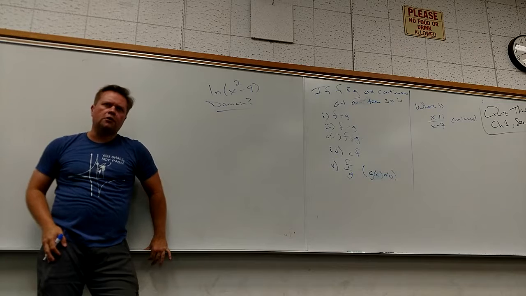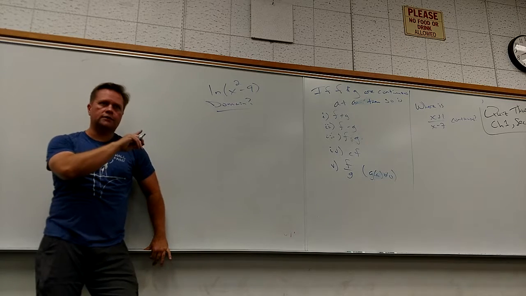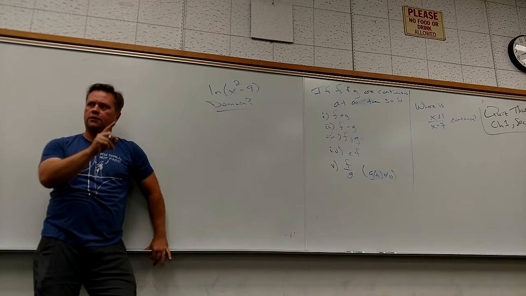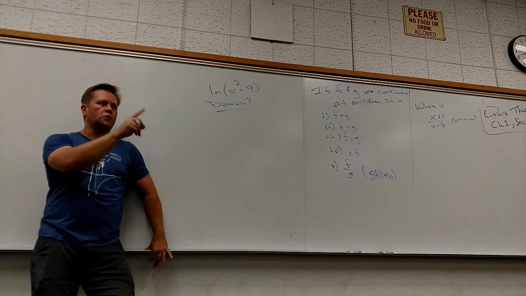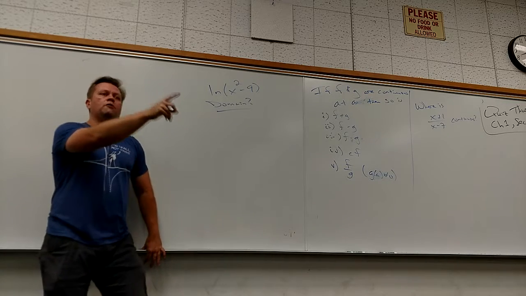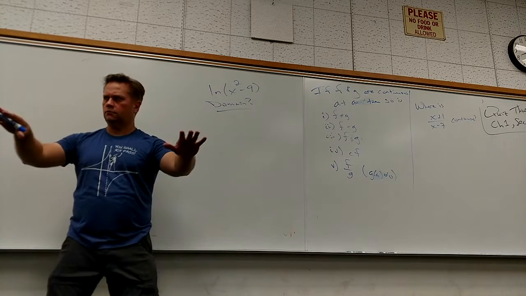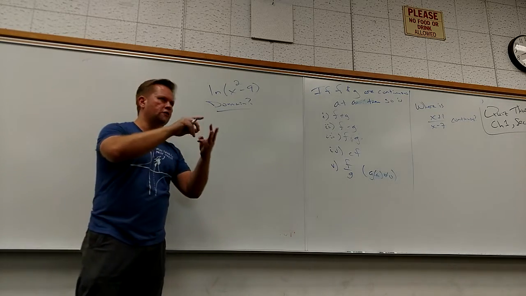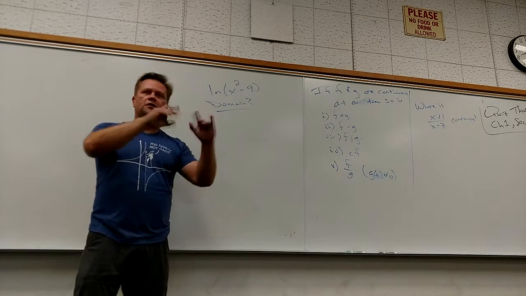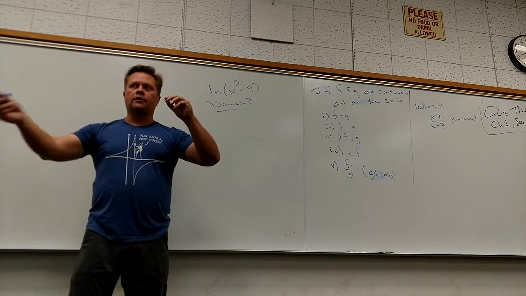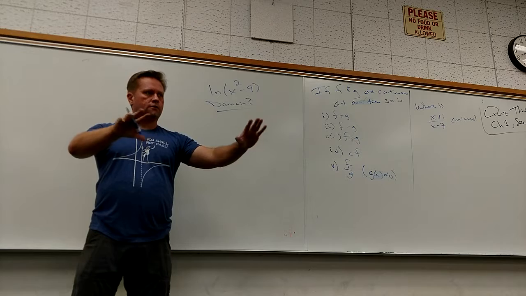Which would also be all the values where it's continuous. Now we know that too. That's what this theorem does for me. Those types of functions, once I figure out the domain, I've figured out where they're continuous. They're the same thing. You guys with me? So polynomials, root functions, trig functions, rational functions, all that kind of stuff. Once I know the domain, that's the same place where it's continuous.